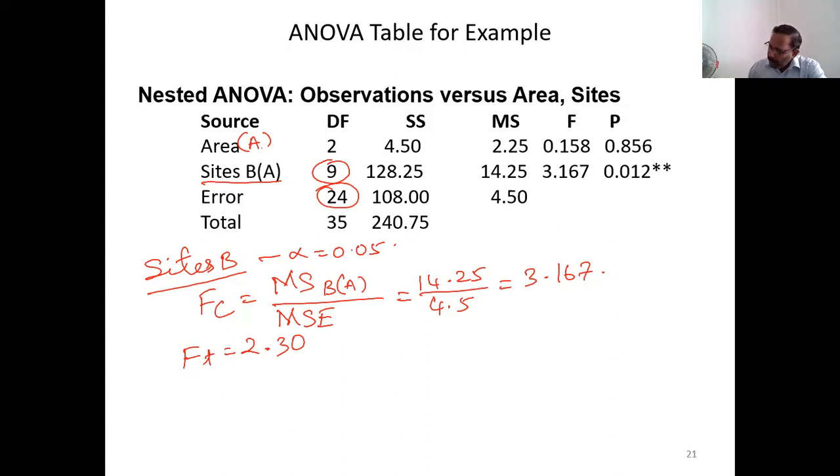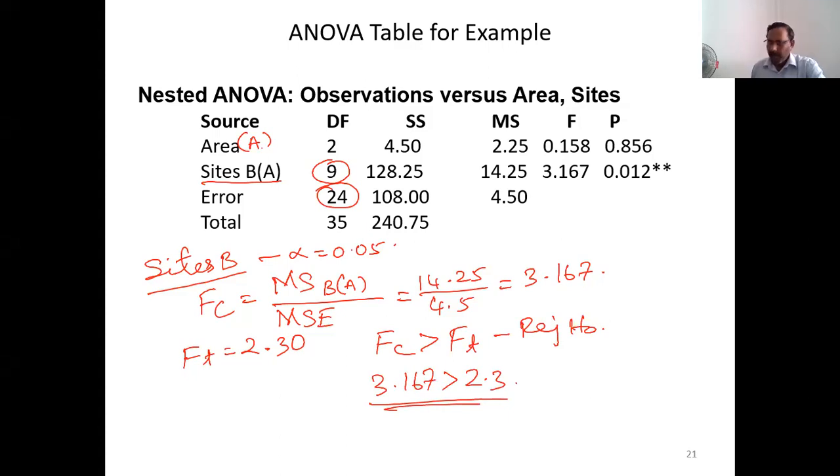According to our rule, if the calculated value is greater than the table value, we reject our null hypothesis. Here our calculated value is 3.167, where the table value is 2.3. So definitely the calculated value is higher than the table value. In the distribution, this is my border at 2.3.